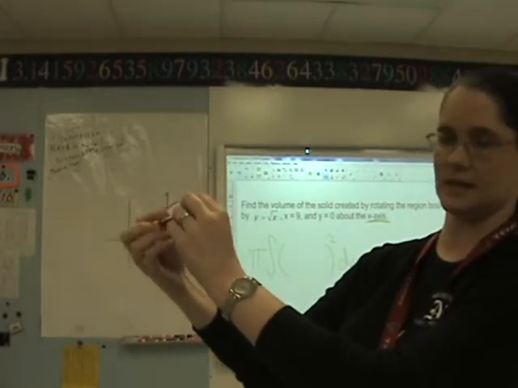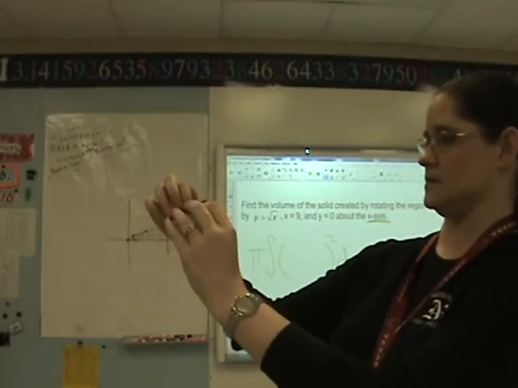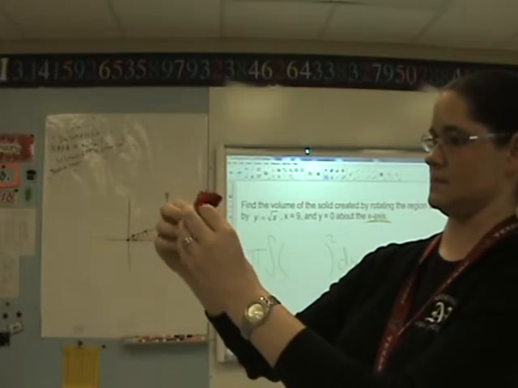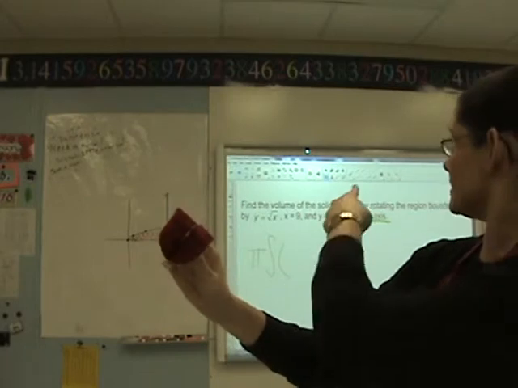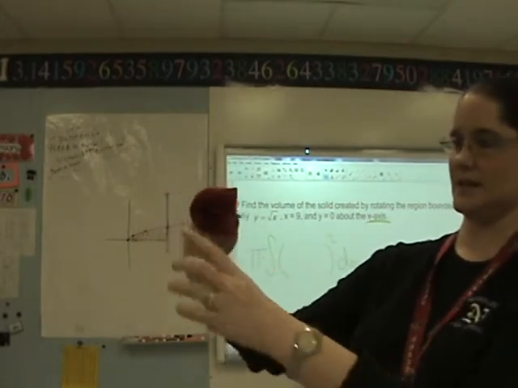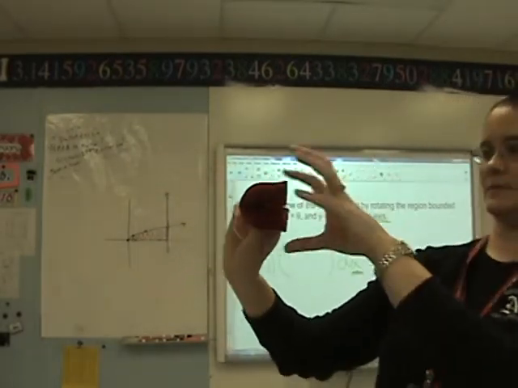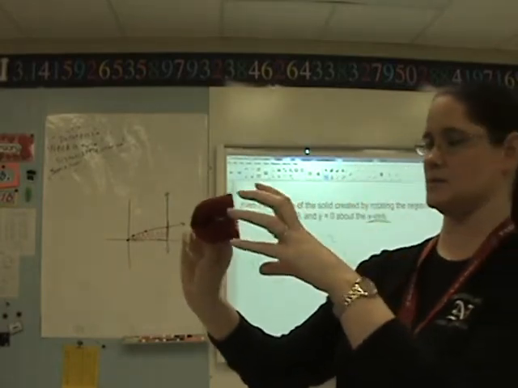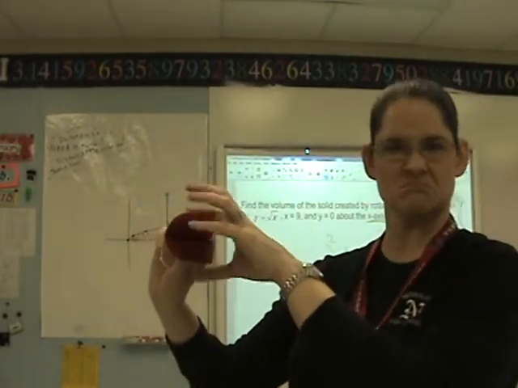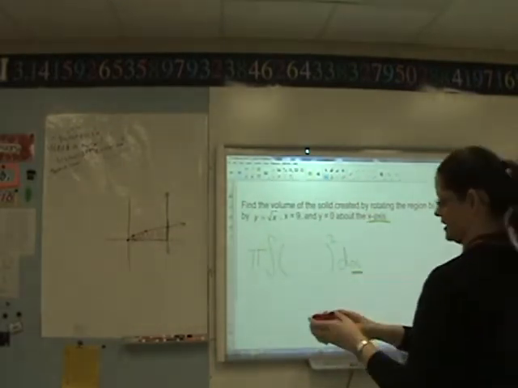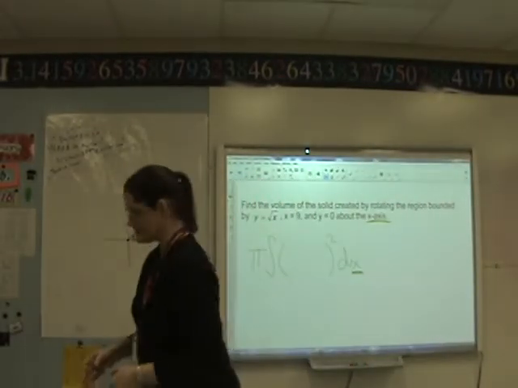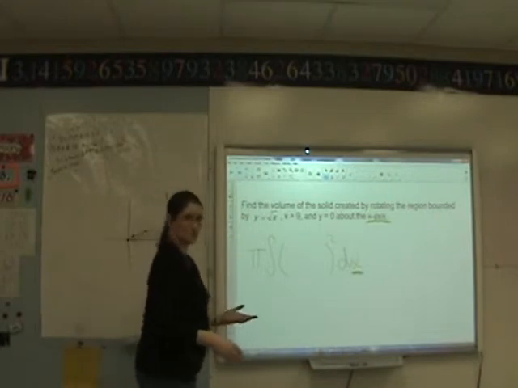I'm going to rotate it around the x-axis. Now this one is a lot thicker than that is, but you kind of get the idea of what it looks like. If it was a little bit longer and skinnier, a lot of my students in the past have said it looks kind of like a bullet. Whatever you want to say it looks like, that's basically the idea. But if you can't visualize that, that's okay, as long as you know the formula.